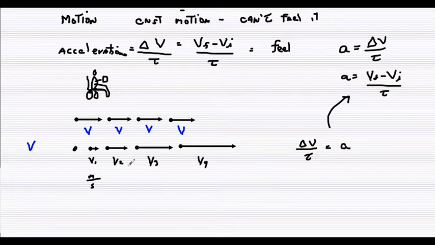Okay, now acceleration has, we said in class, different kinds of units. Let's look at what the units for acceleration are. First of all, I'm going to put the units in this formula. A is equal to V final minus V initial divided by time.